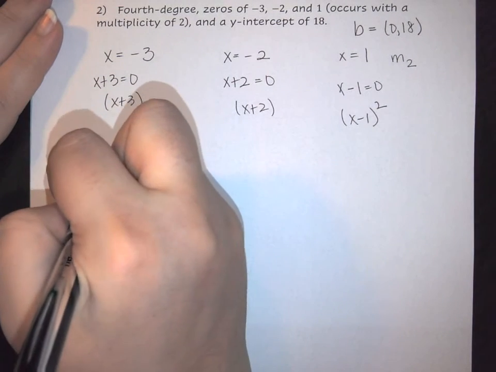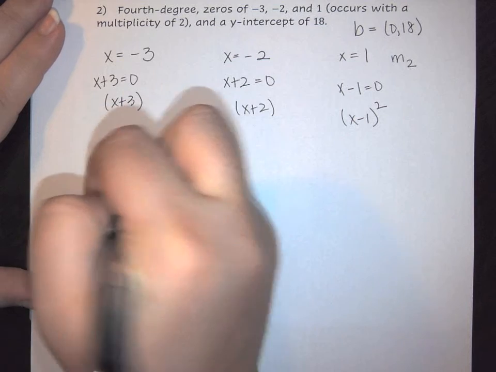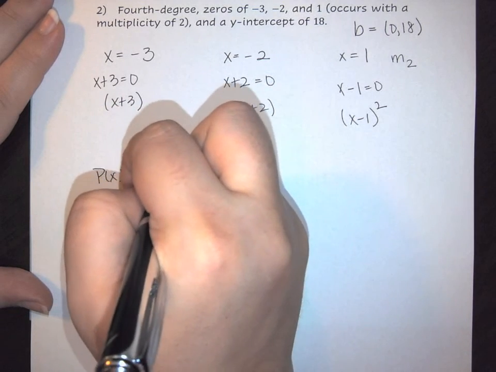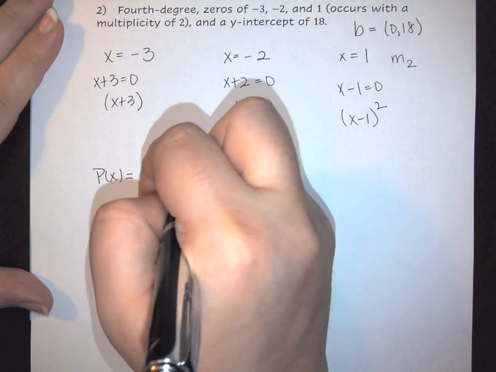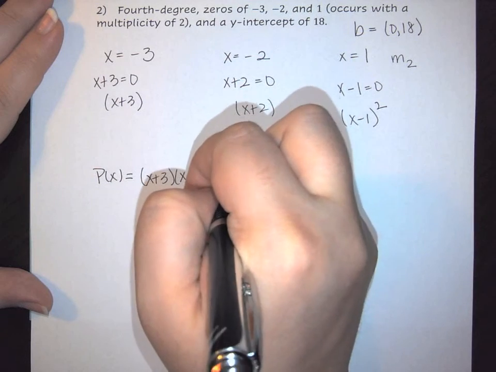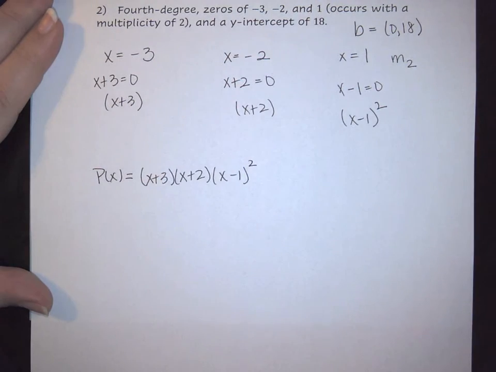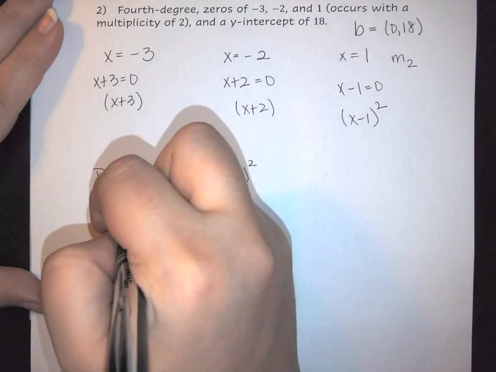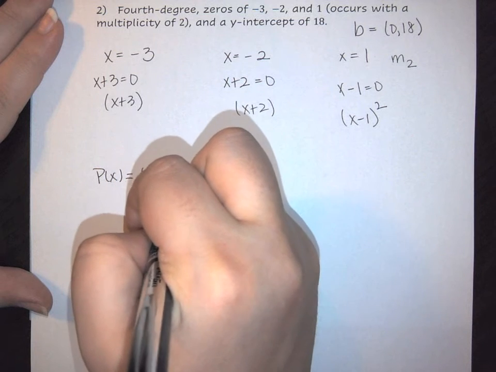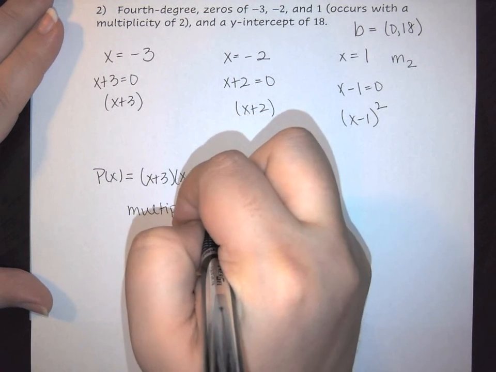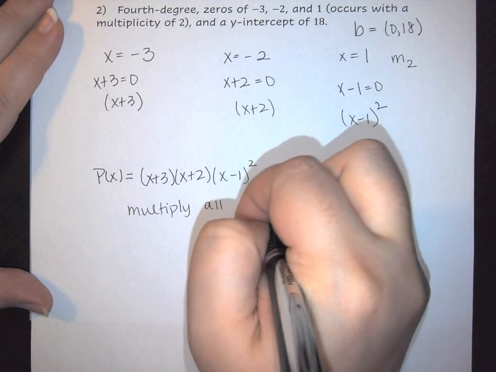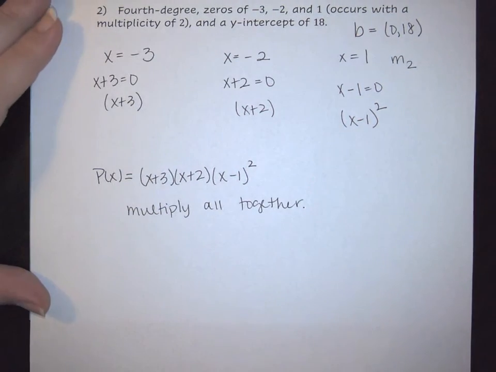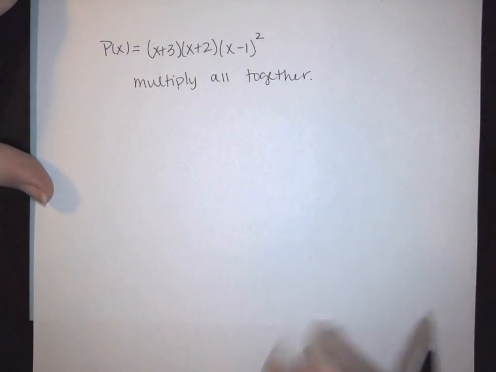So first and foremost, my polynomial is going to start with x plus 3 times x plus 2 times x minus 1 squared. Again, you are going to multiply all together in order to find your polynomial.